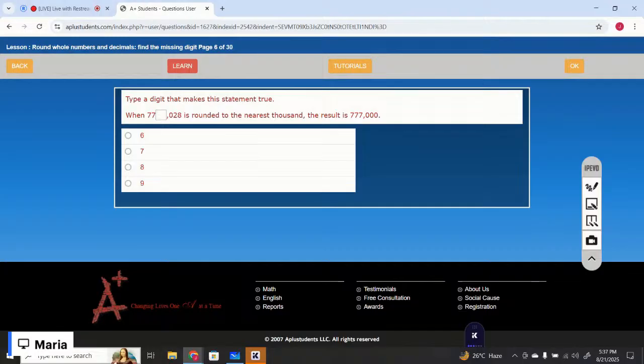We need to find the missing number, right? Nearest 10,000, right? So this digit is 7, because right next to this digit we have a 0. So option number 2 is the correct option.